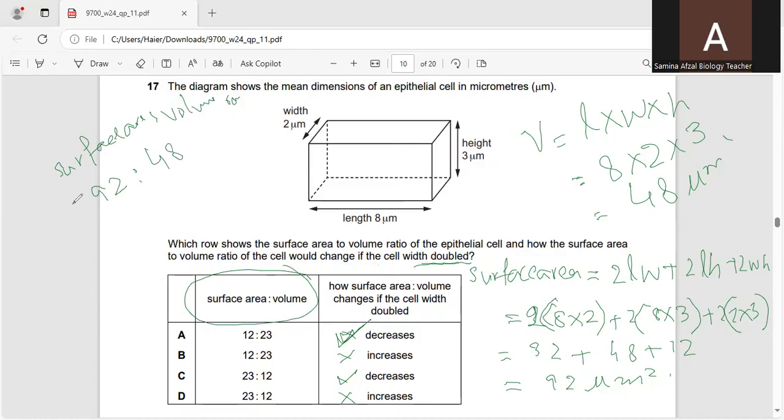If we divide both of them by 4, we get 23 to 12. So the answer is C. You have to use these formulas to find the answer, and answer C is the correct option. A, B, and D are not correct. So only C is the correct option. With the help of these formulas, you will be able to find the correct answer.